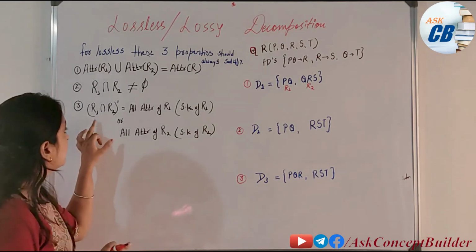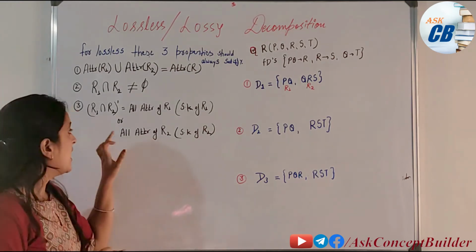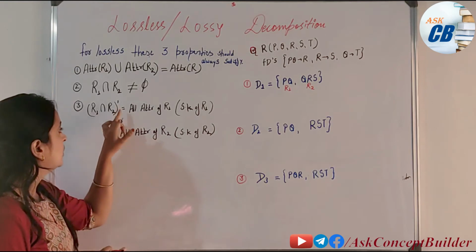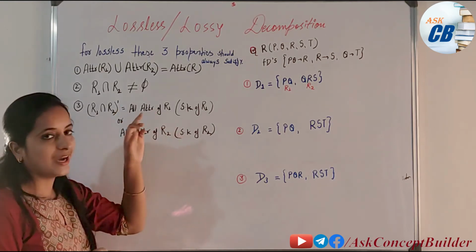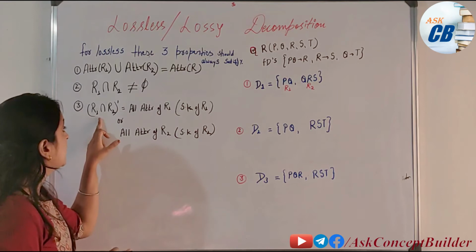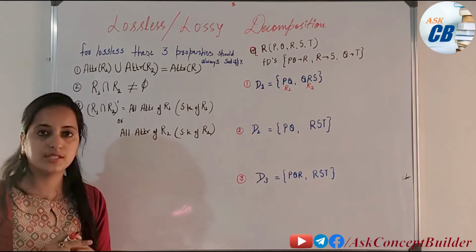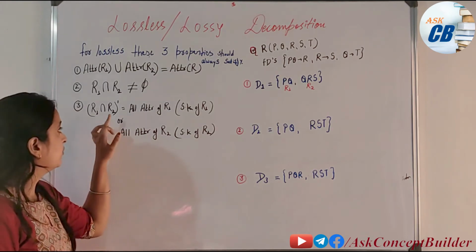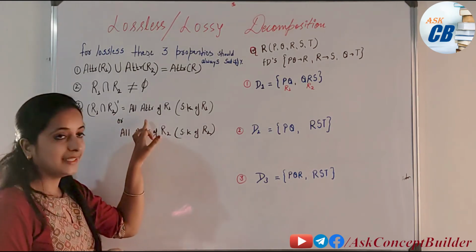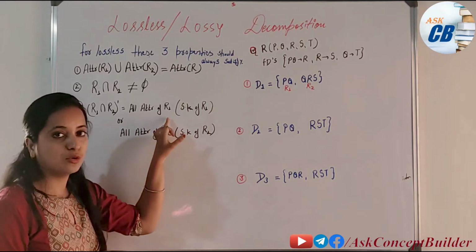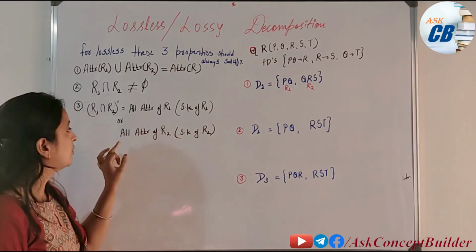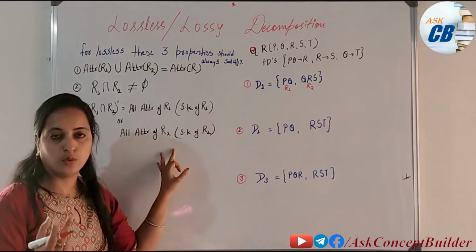And the third point which needs to be satisfied is that R1 intersection R2 derives all attributes of R1, meaning R1 intersection R2 is the attribute which is common to both. The common attribute should derive either all the attributes of R1 or all the attributes of R2. What does it mean?